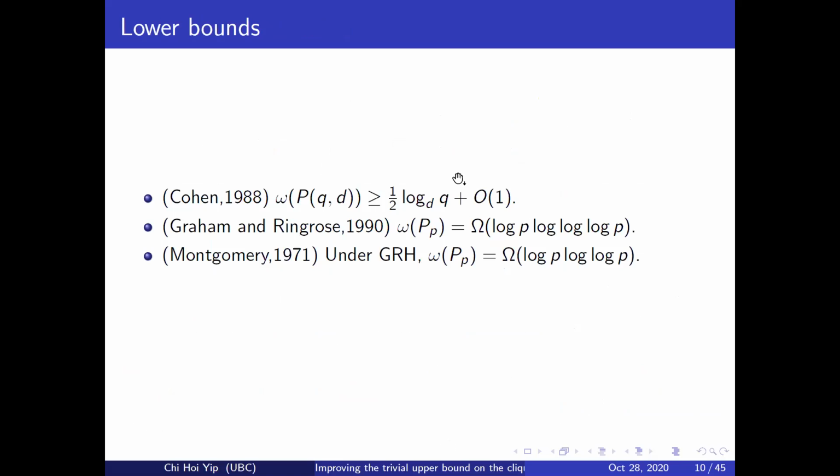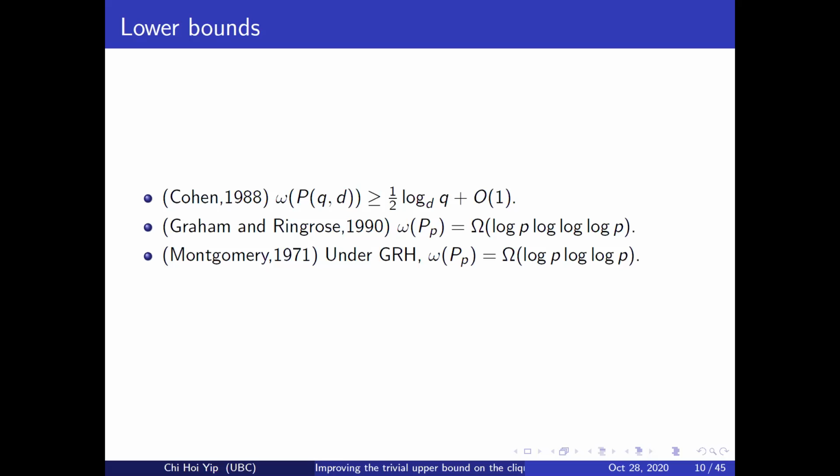And for the lower bounds, in 1988, Cohen showed that the clique number of this generalized Paley graph P(q,D) is at least (1/2) log_D q plus a constant of 1. And in 1990, Graham and Reynolds showed that omega(P_p) is Omega(log p log log p).